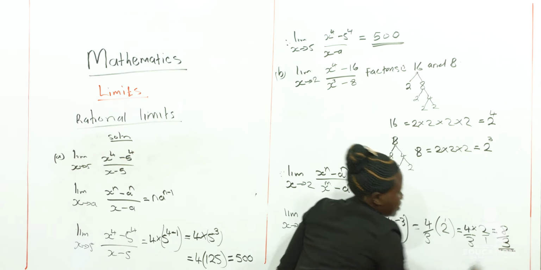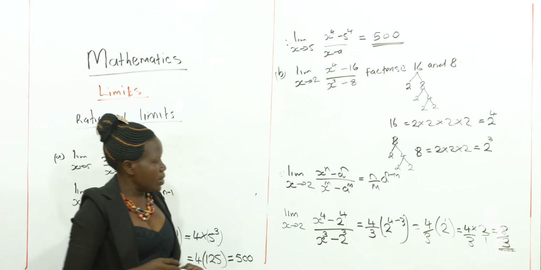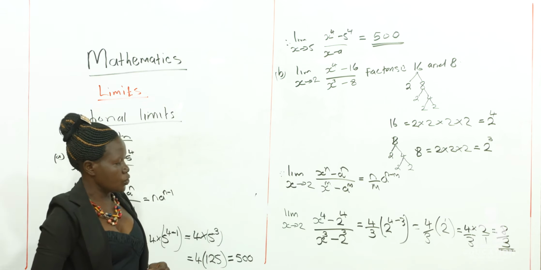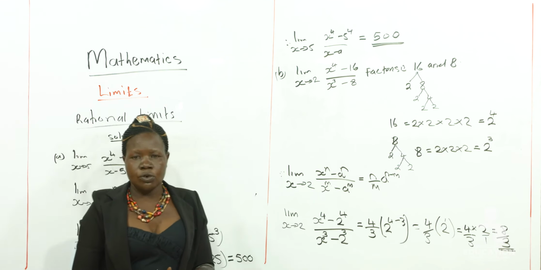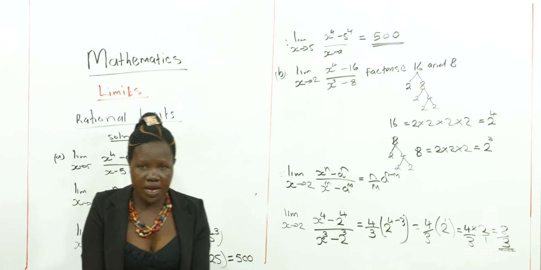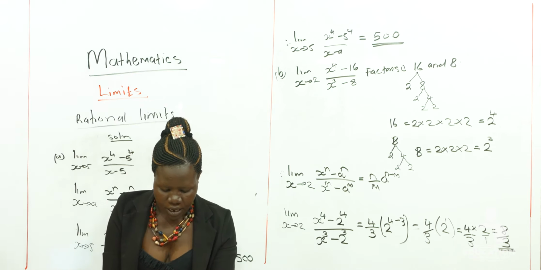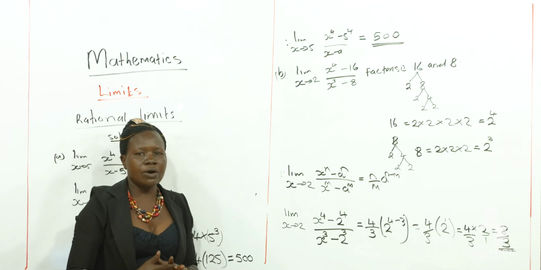So this is our answer. Dear learners, when you follow those 2 rules and the steps that we have seen, you will be able to work out any rational function where x is raised to any real number.